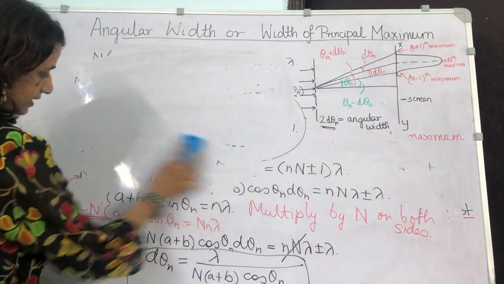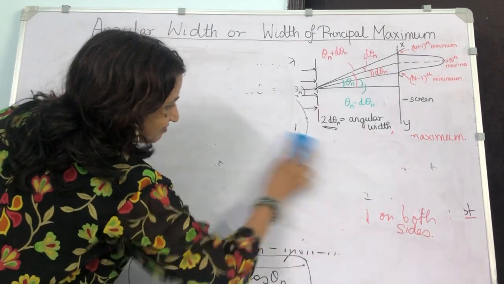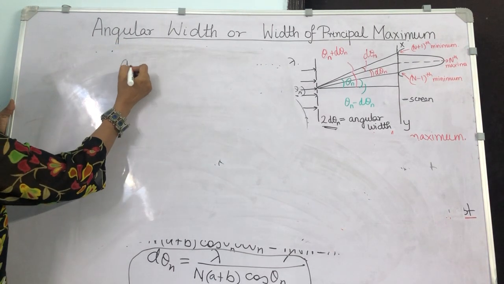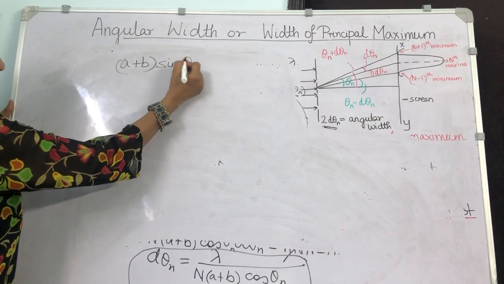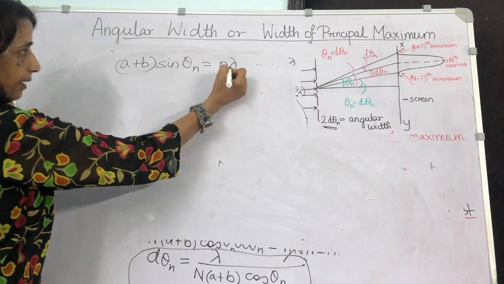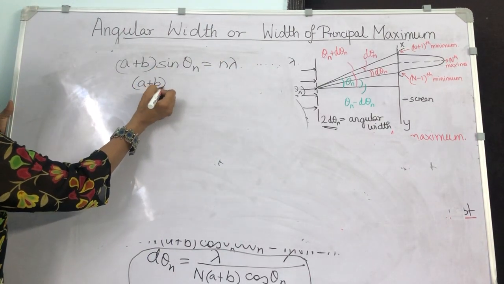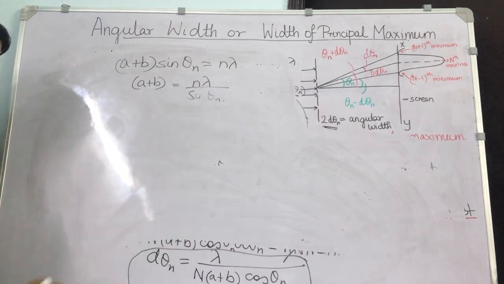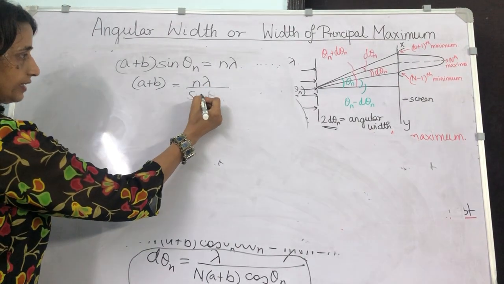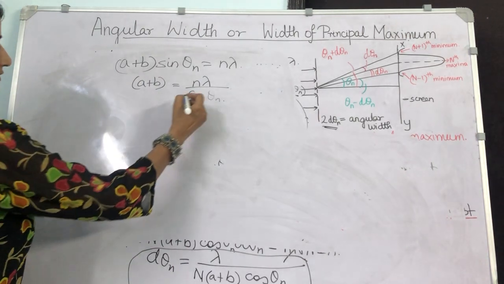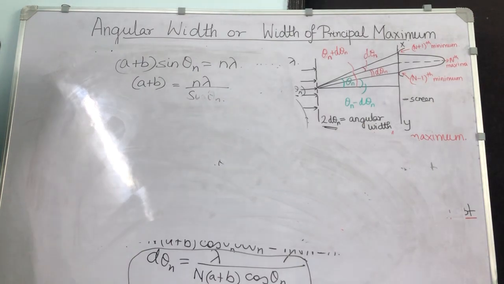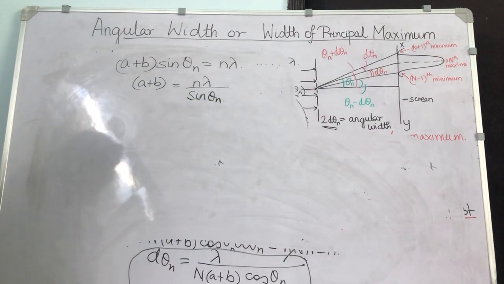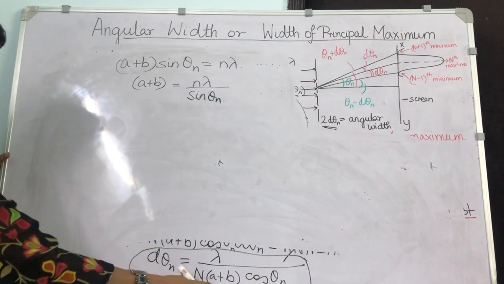We know from our standard expressions that (a+b) sin θn = nλ. So a+b, which is the grating element, slit width plus opaque space, is equal to nλ / sin θn. So we can put this value in this expression.